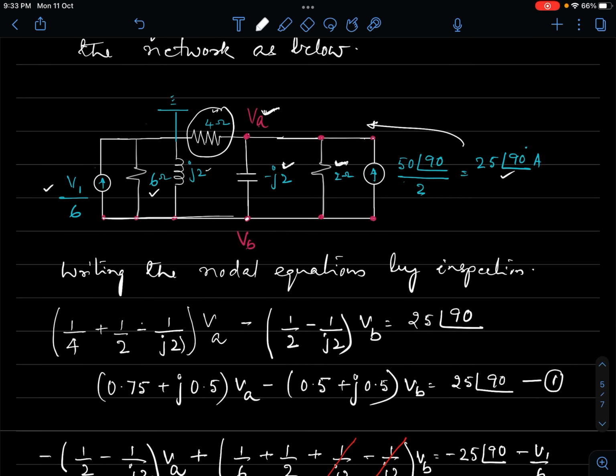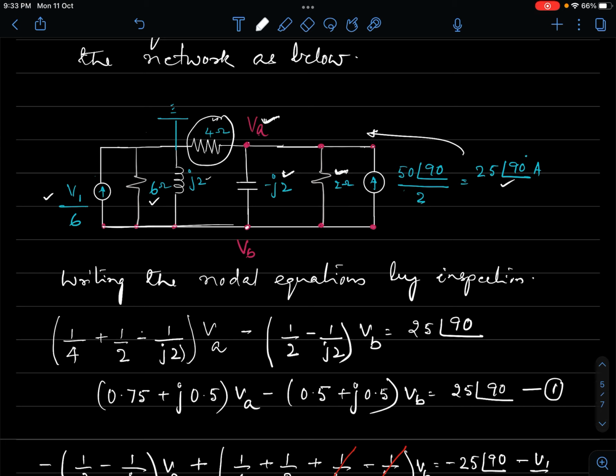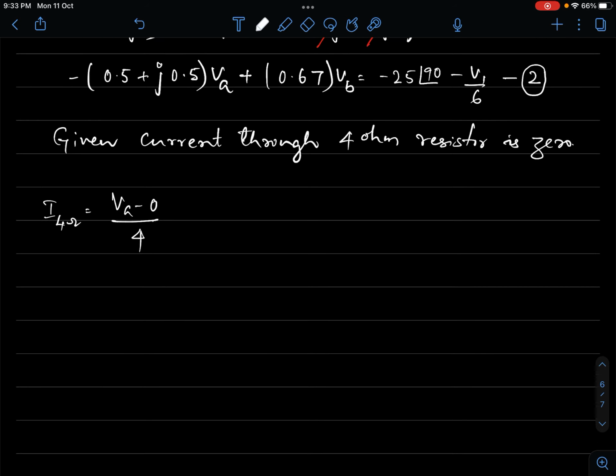The 4 ohm resistor is connected between VA and 0, VA being the higher potential and the other end being grounded. So VA minus 0 divided by 4 will give me the current through the 4 ohm resistor. And he says this current is 0. Or in other words, if we cross multiply, we will see VA equal to 0. VA has to be equal to 0.